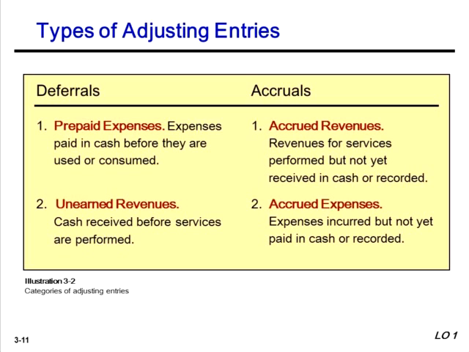This table provides a summary of the four major classifications of adjusting entries. First, we have deferrals. In that situation, expenses are paid for before they are actually incurred. Unearned revenues, cash is received before the revenue is earned.